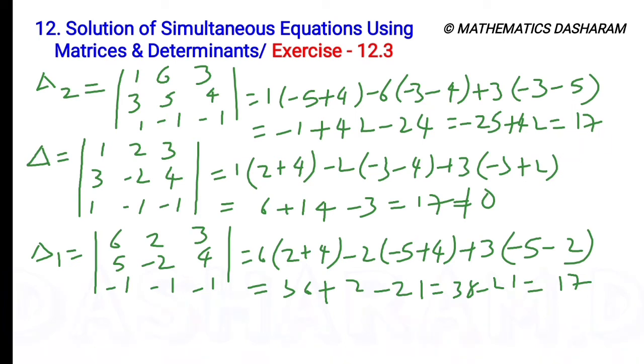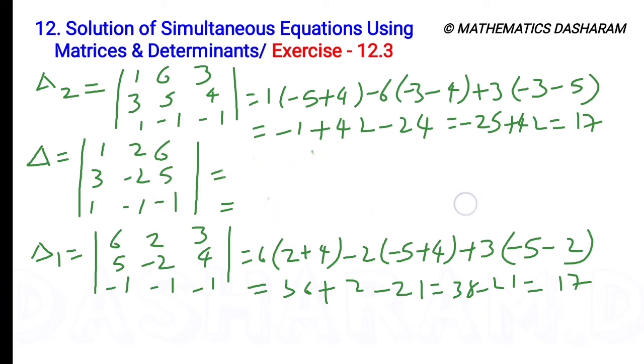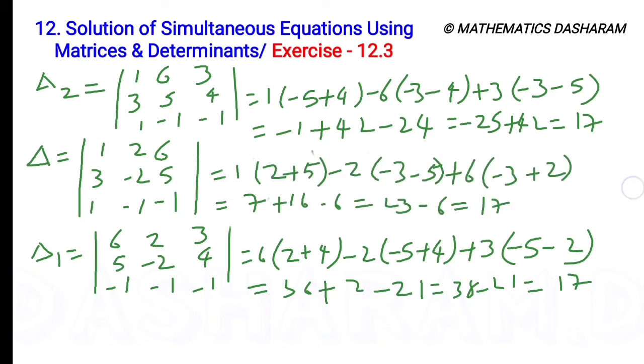Next, delta 3. Delta 3 means replace the third column with constant numbers in the delta matrix. So the constant values are 6, 5, minus 1. Let's find its determinant. So delta 3 also is 17.